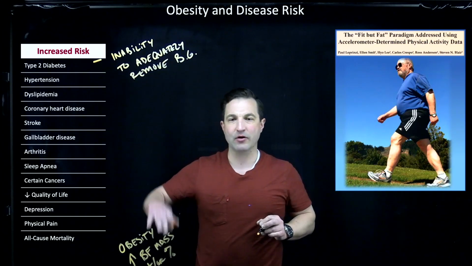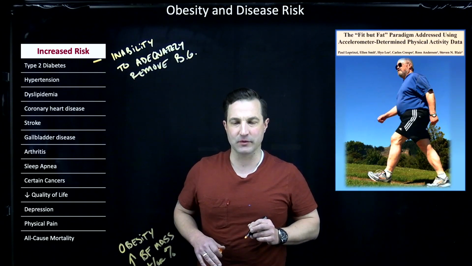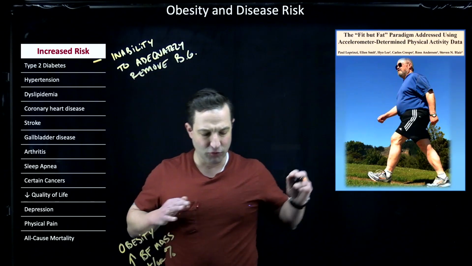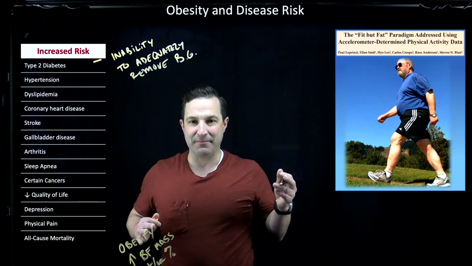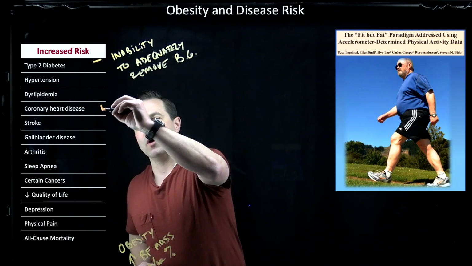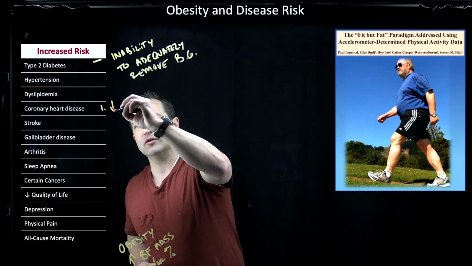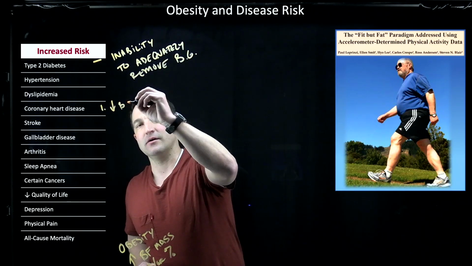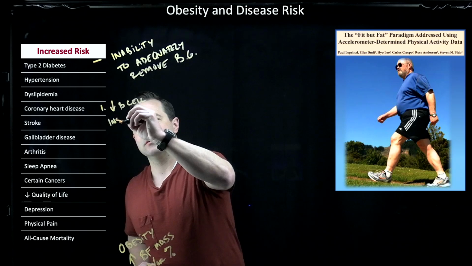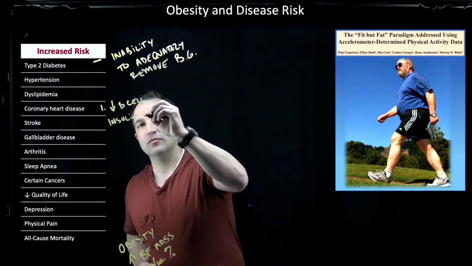So how can we connect the gap between these two things? If we work backwards from our inability to remove blood glucose, this happens by two different mechanisms with diabetes. Number one is decreased beta cell insulin production.